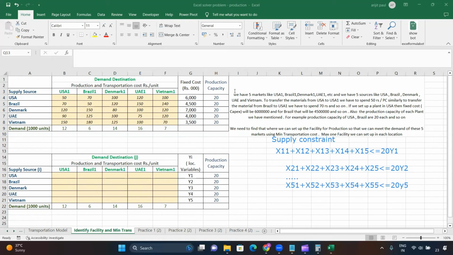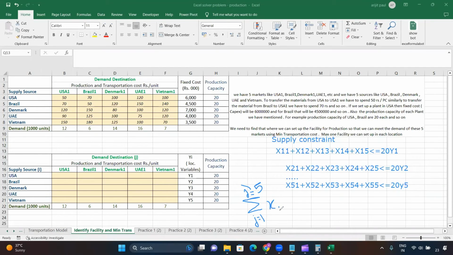So if we want to write the supply constraint in a more compact way, we can mention summation over j, where j is the destination, starting from j equals 1 up to 5, of xij.